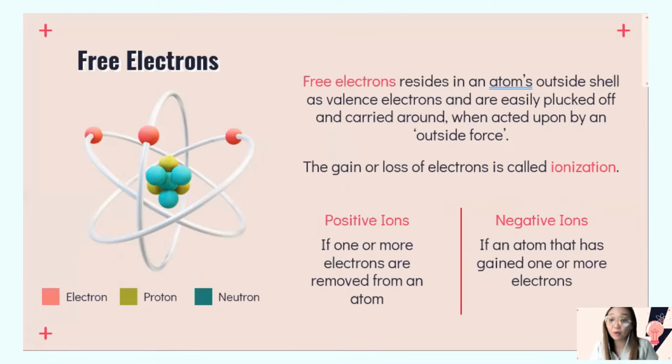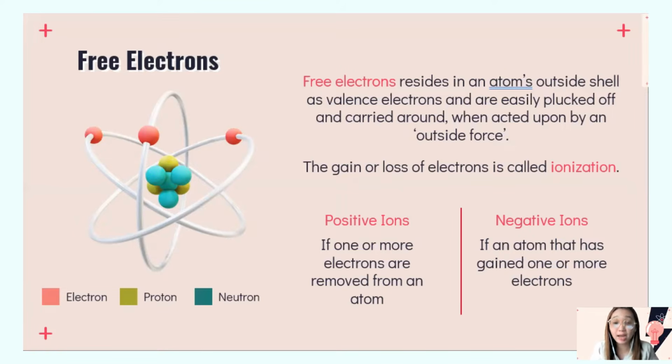This outside force can be friction or heat, or any interaction with one charge or another. The gain or loss of electrons is what we call ionization.